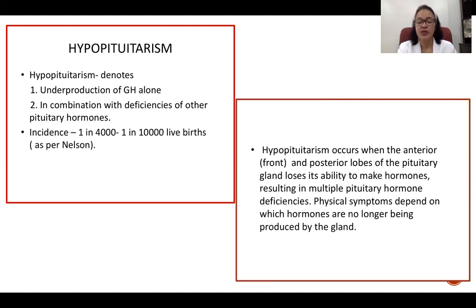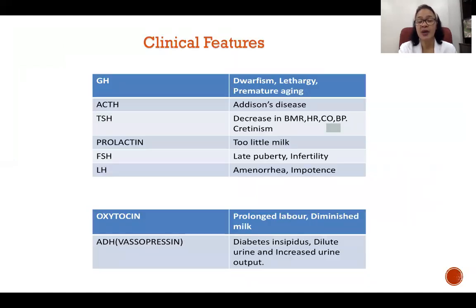Okay, so I've mentioned that it occurs when the anterior and posterior lobes of the pituitary gland lose their ability to make the hormones, resulting in multiple pituitary hormone deficiencies. And the physical symptoms of this hypopituitarism would depend on which hormones are no longer being produced by the gland.